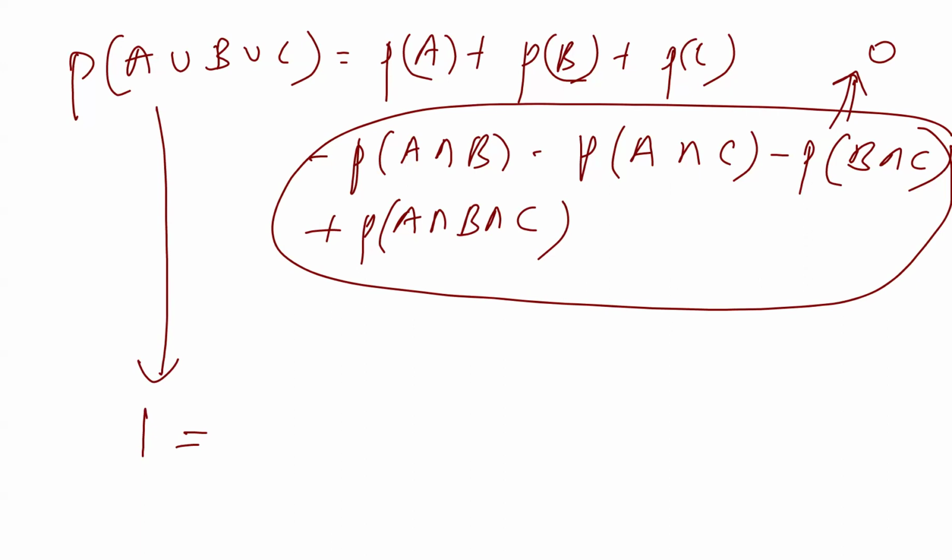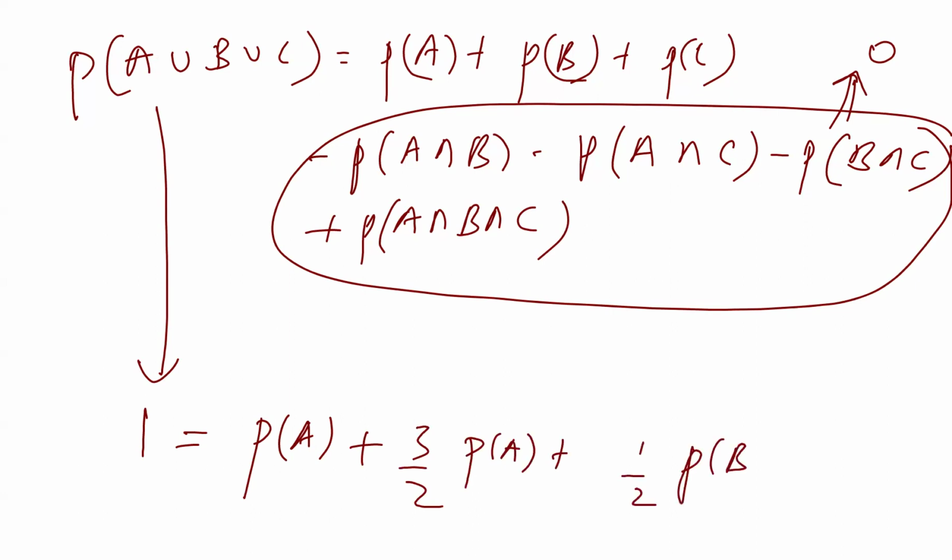P of A, we basically don't know, and that is what is supposed to be calculated. P of B is 3 by 2 P of A, and P of C is 1 by 2 P of B. So if you add this, 2 will go over here.